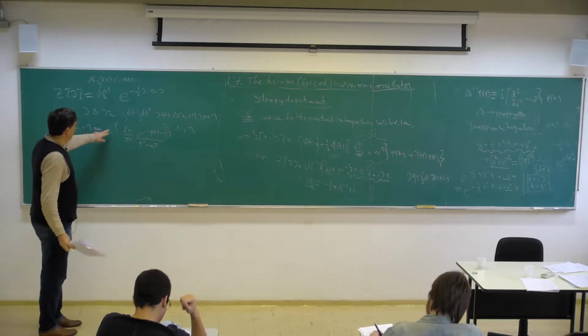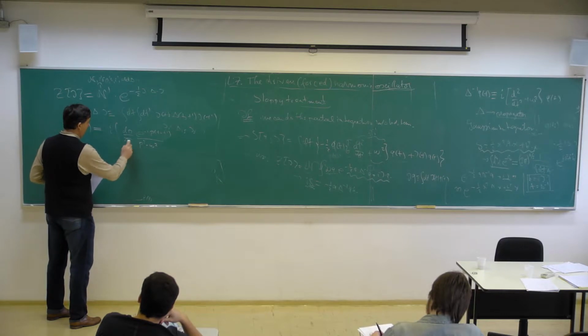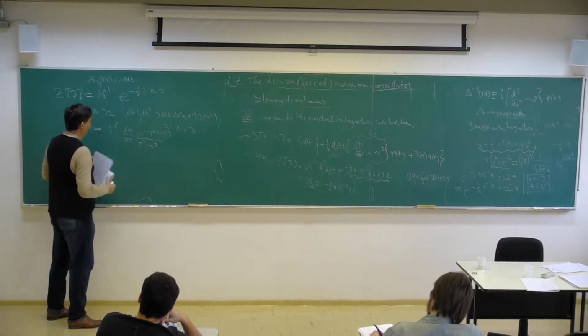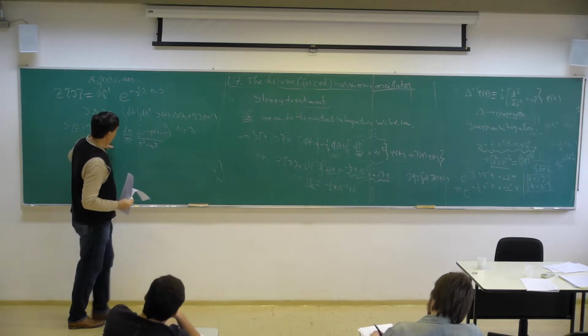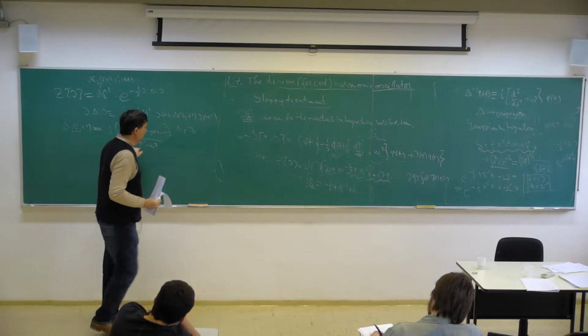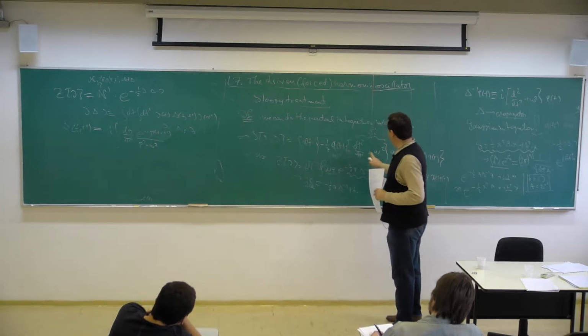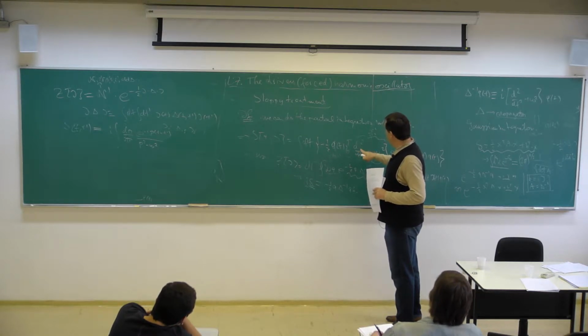Another way of saying it, I could put here minus b squared plus omega squared, and minus y is 1 over I. So in here I would get 1 over I times omega squared minus b squared, right? The d squared dt squared in momentum space becomes minus b squared.